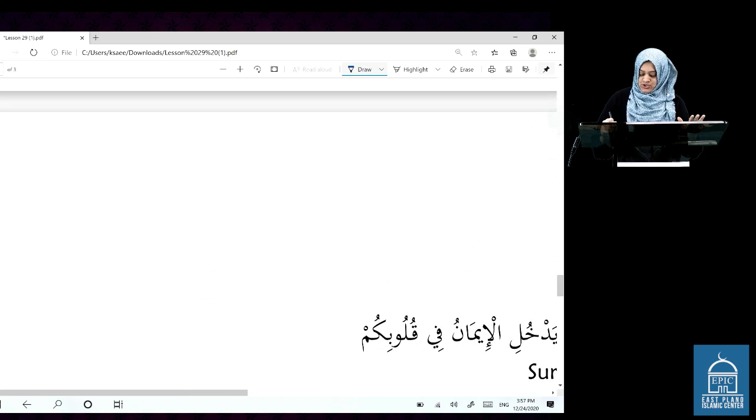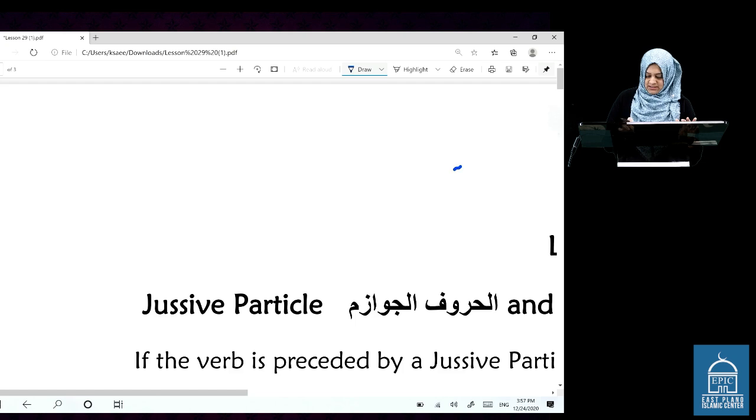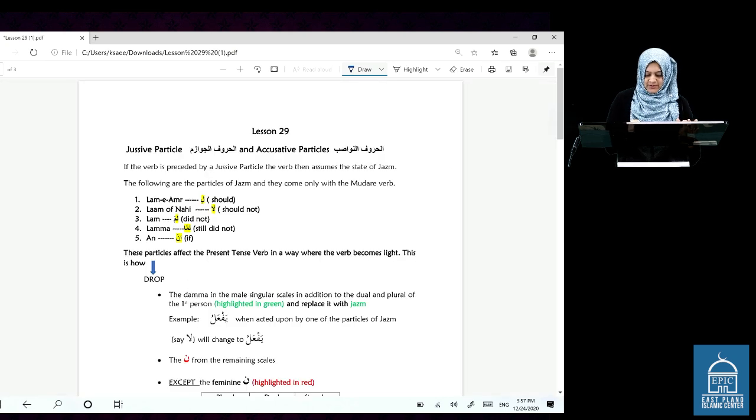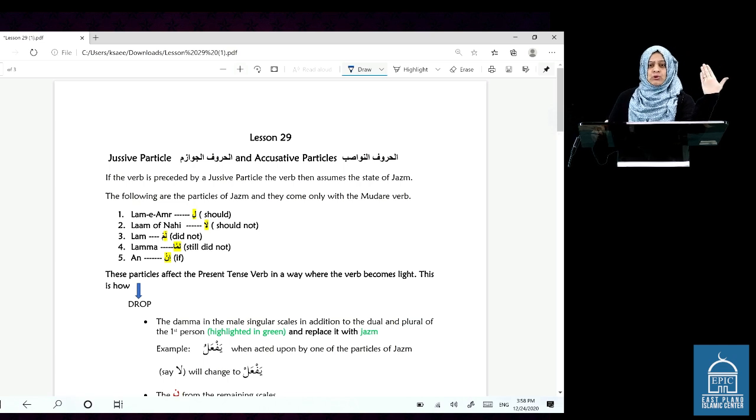Let's go to the beginning of my document here. They're affected by two sets of particles, and I have put both sets here because it's very easy. It's a no-brainer. There is the set of particles that cause a verb to be in the state of jazm, and they're called the jussive particles in English.